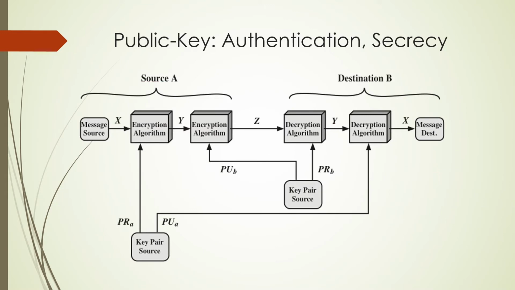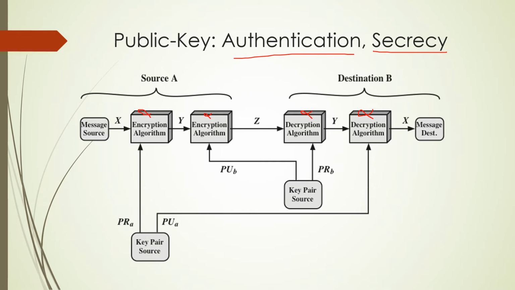Now, in some cases, we need to have both authentication and secrecy or confidentiality at the same time. What does that mean? That means source A wants to send a confidential message to B, and also source A wants to authenticate the message by signing it. So we need to apply two encryption algorithms on the sending side and two decryption algorithms on the receiving side.